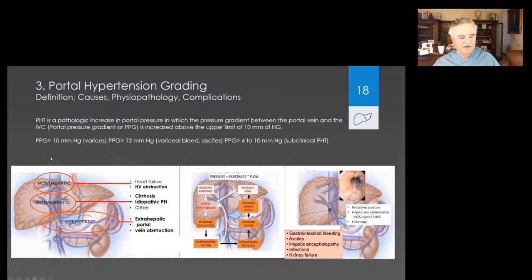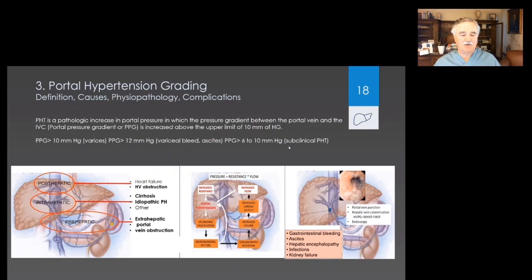The third chapter of this presentation, we are going to discuss portal hypertension, which is a pathologic increase in portal pressure, in which the pressure gradient, meaning the pressure between the hepatic veins and the portal vein, is increased above the upper limit of 10 millimeters of mercury.